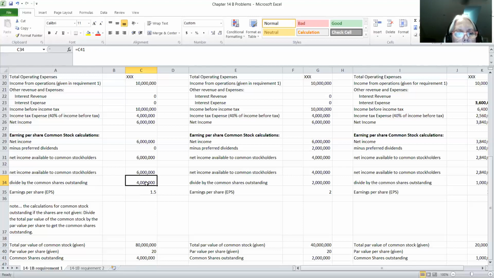Once we know what the common shares are, we're going to divide these common shares into the 6 million, and it will give us earnings per share of $1.50.